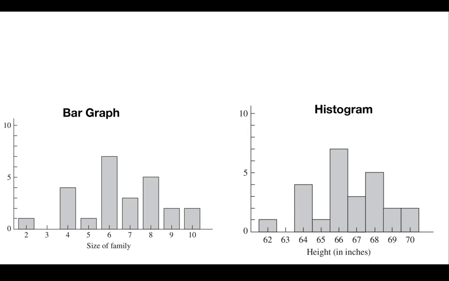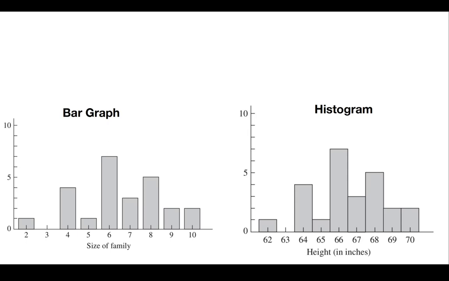There are a total of 25 randomly selected families in which the parents have been taking fertility drugs. The bar graph on the left for these data shows that the bars do not touch, so we wouldn't want to give the impression that the values come from a continuous scale, that a family can be, for instance, between 3 and 4 in size.